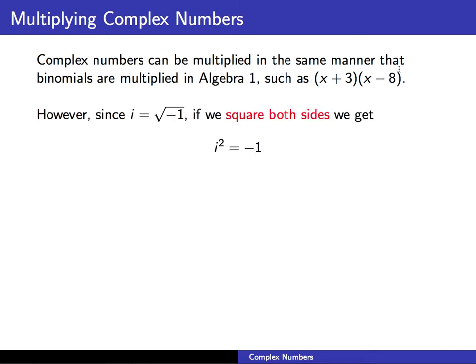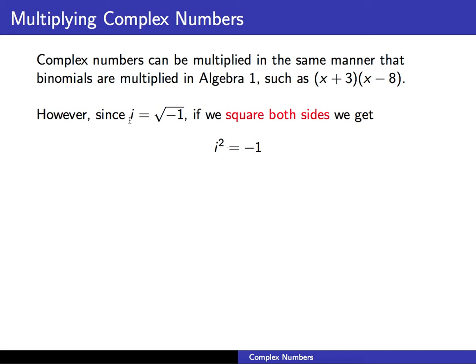However, we're not going to be dealing with x's, we're going to be dealing with i, which has a special meaning as the square root of negative 1. When we multiply x times x, we get x squared. When we multiply complex numbers, a lot of times we're going to end up with an i squared in our calculation.